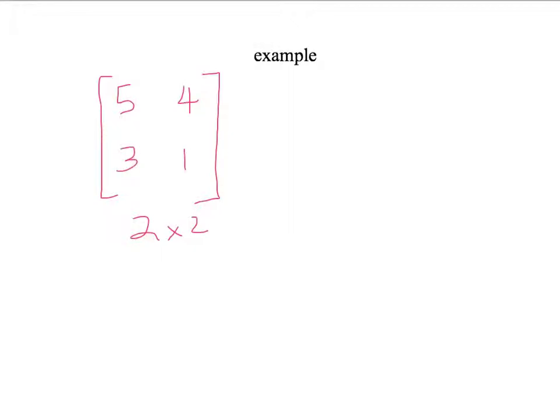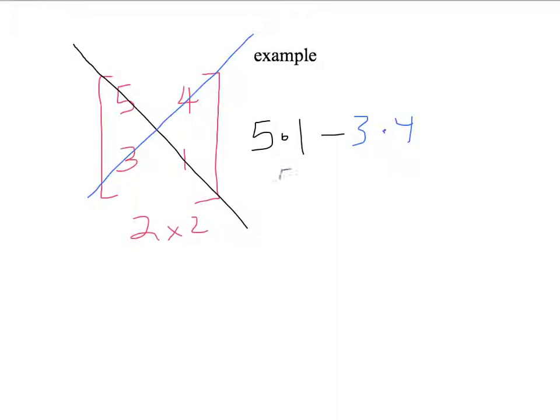First, we are going to find the product of the diagonals going upper left to lower right. So we have 5 times 1, minus the product of the diagonals going in the other direction, 3 times 4. So we have 5 minus 12, or negative 7. So the determinant of this matrix is negative 7.